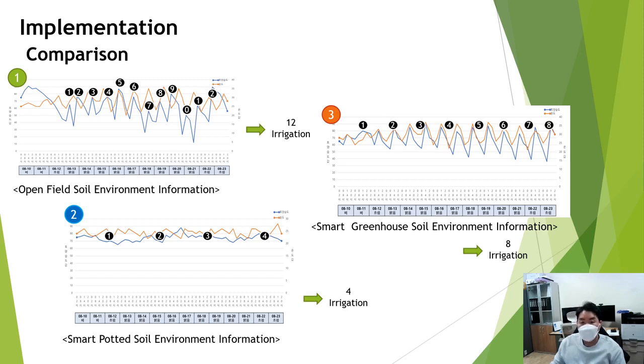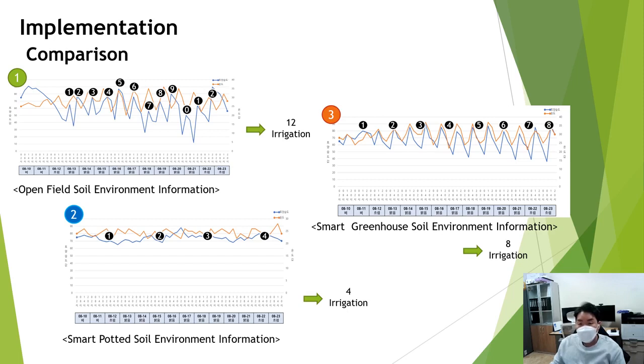Depending on the weather of the Meteorological Administration AWS shown below the graph, the measured temperature and soil humidity were significantly different on clear days, and 12 irrigations were performed.